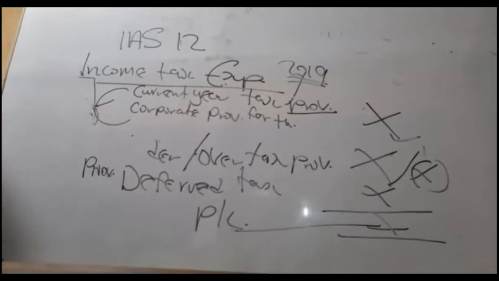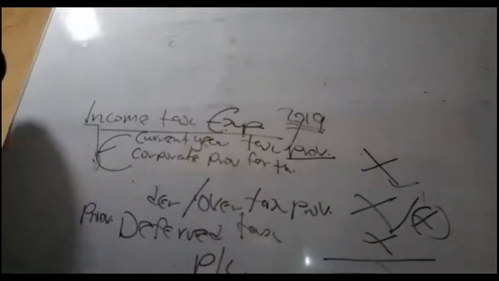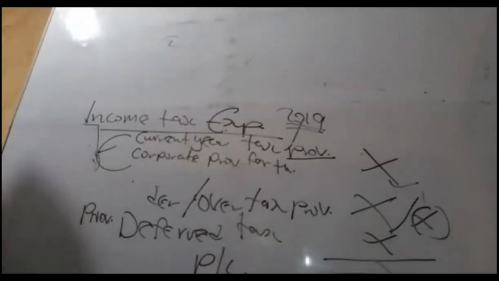So you do a separate workings. Let me take it off to the top. You do a workings and tell the examiner, maybe workings number 2.